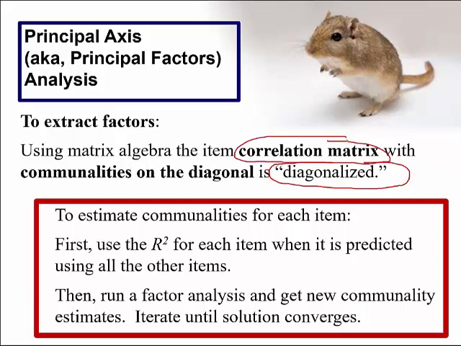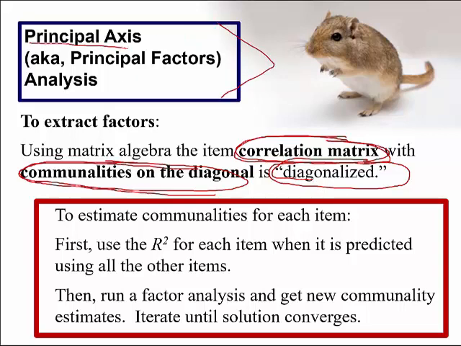So normally, a correlation matrix has ones on the diagonal, and we're going to replace those ones with estimates of the communality for each item. And that's it. We simply take the ones off the diagonal, replace those ones with estimates of communality, and then we diagonalize that matrix. And that is the sole difference between principal components analysis and factor analysis, or specifically principal axis factoring.